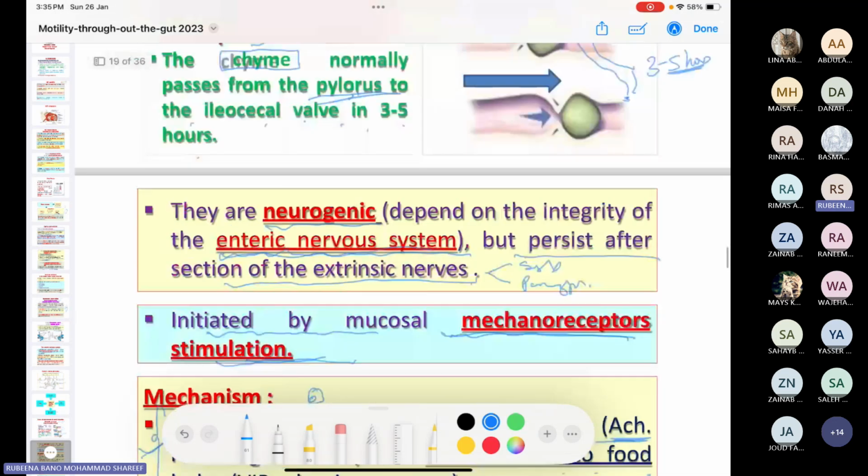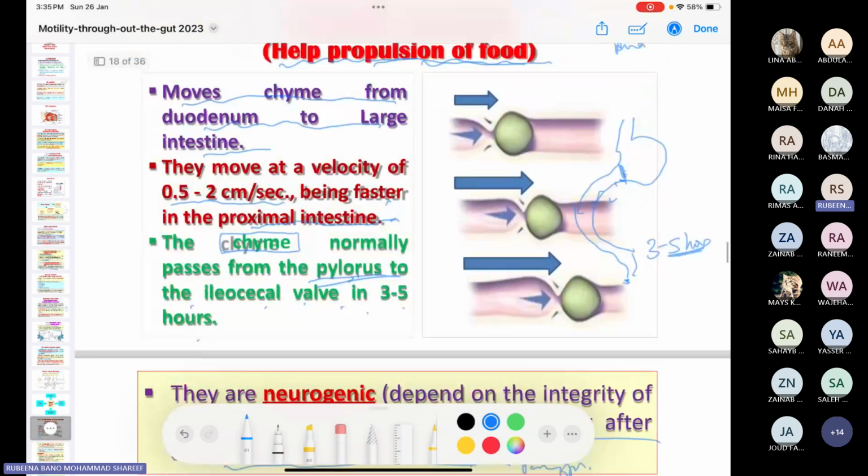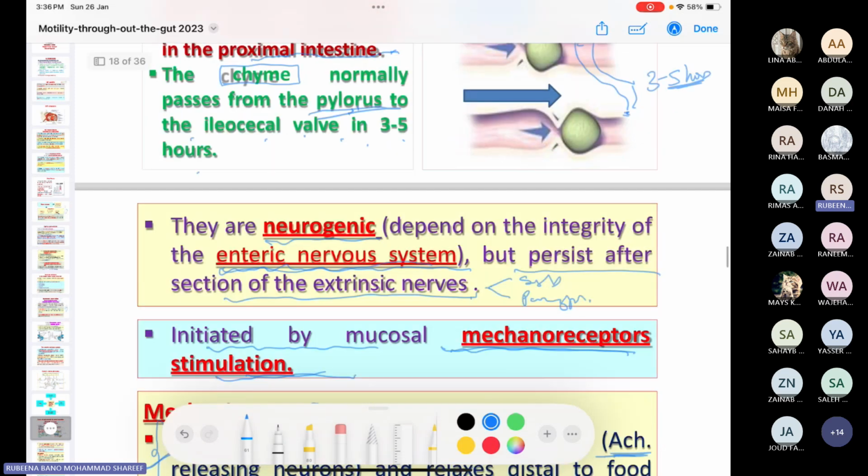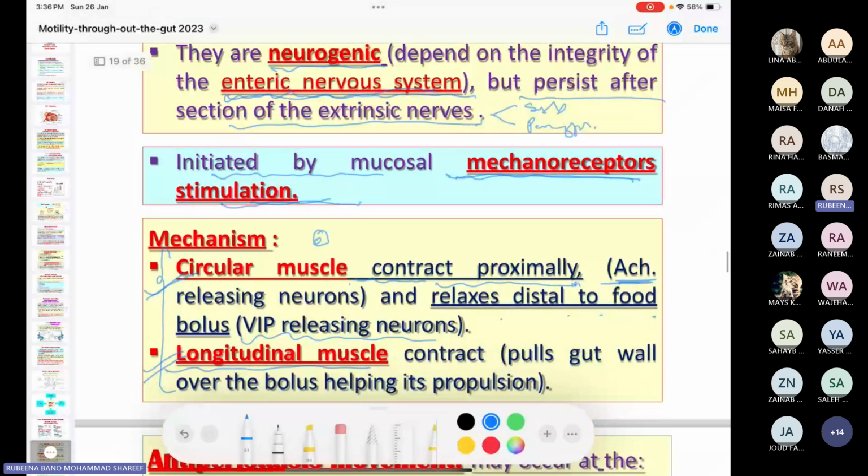Did you get this point? See, here there is a bolus of food. Okay, so in this small intestine, before the bolus, it will contract by releasing which neuron? Acetylcholine-releasing neuron. So there will be contraction, and in front of the bolus, it will release VIP, that is vasoactive intestinal peptide.